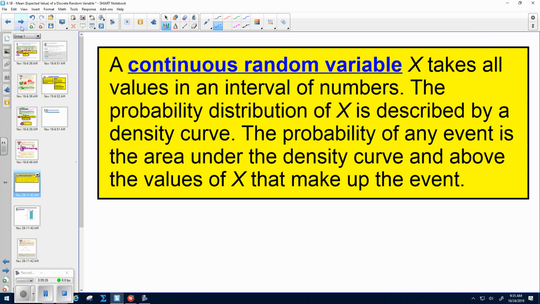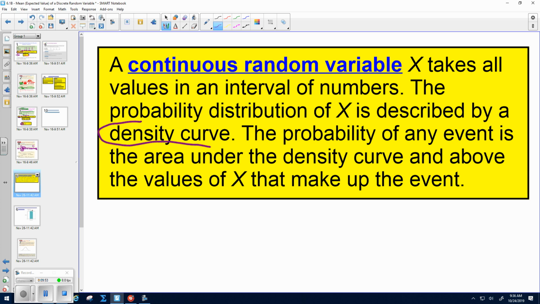Okay, switching gears. All of that was discrete. Now we're going to talk about continuous. Continuous is actually easier, in my opinion. So what is a continuous random variable? It takes all values in an interval of numbers. There's no gaps or spaces, right? It takes all the values. The probability distribution of X is described by a density curve.